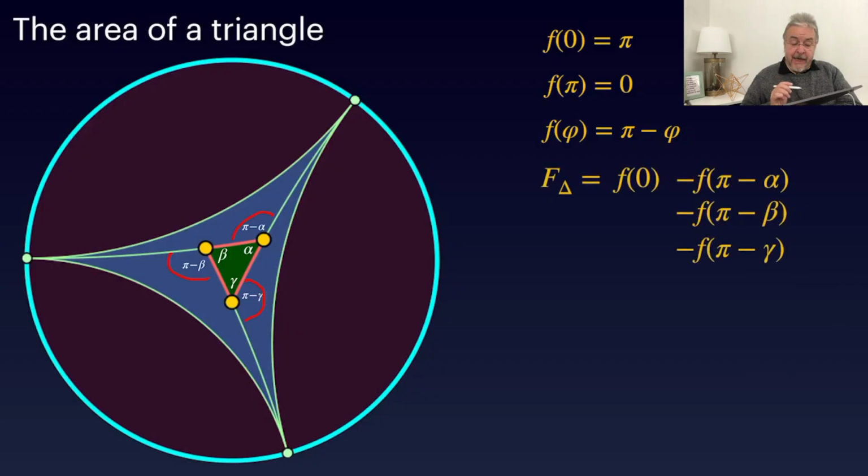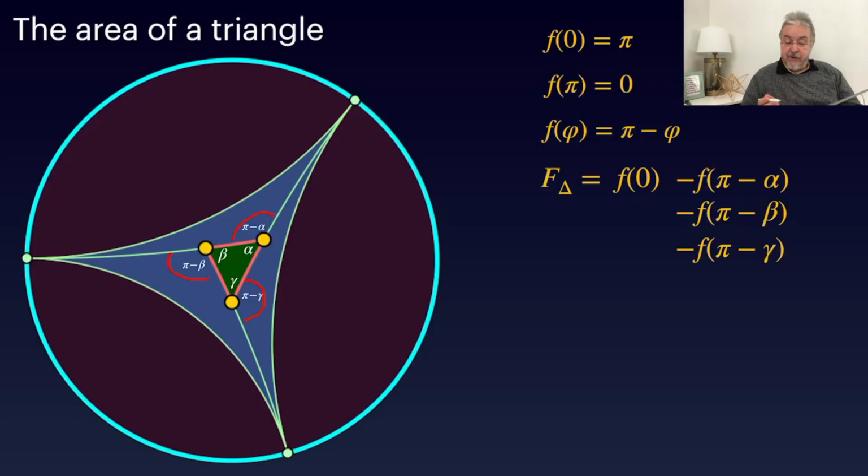And so you see the area of the green part here must be the big triangle minus the three blue triangles because of additivity. So you get the area of the green triangle is f0 minus these little f functions, where you have the counter angle of your angles here, and now the rest is a piece of cake.